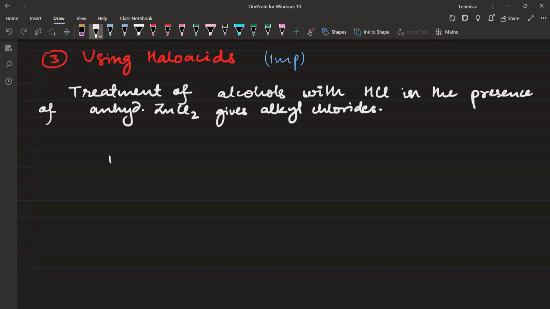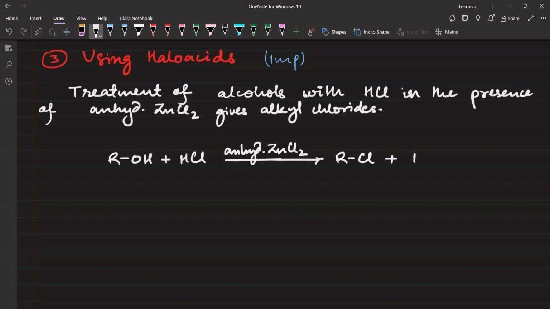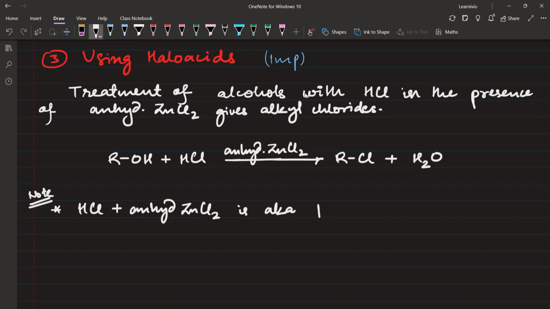So you have alcohol ROH plus HCl, here you have anhydrous ZnCl2. You will get RCl plus H2O. Then you will write note: HCl plus anhydrous ZnCl2 is also known as Lucas reagent.